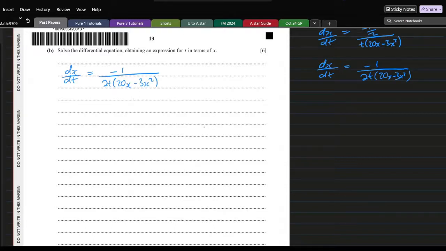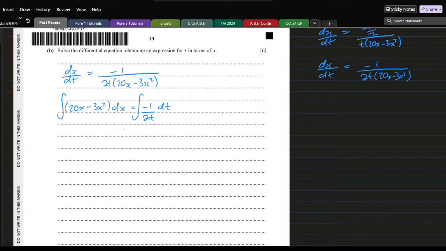So let's move everything that is x to the left. That would be 20x minus 3x squared dx, and this is equal to negative 1 dt over 2t. Okay, so we've separated our variables so we can carry out integration on both sides.